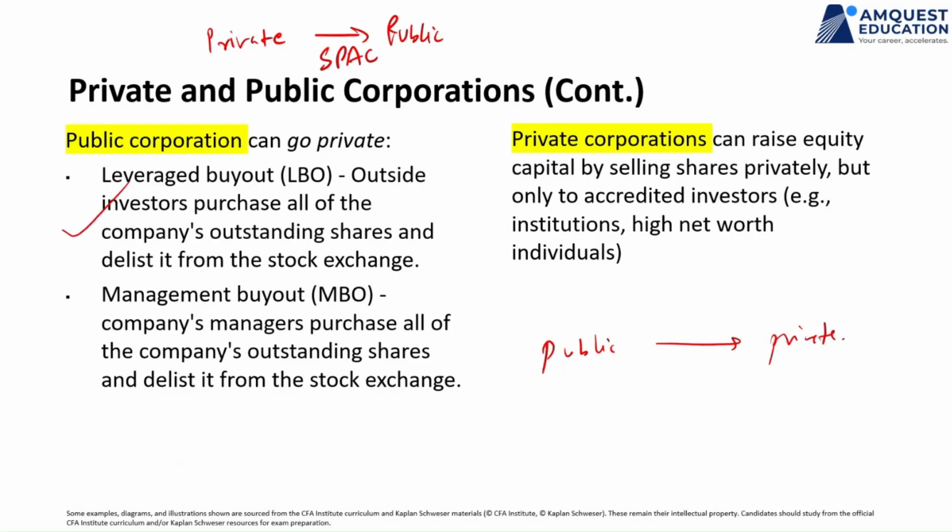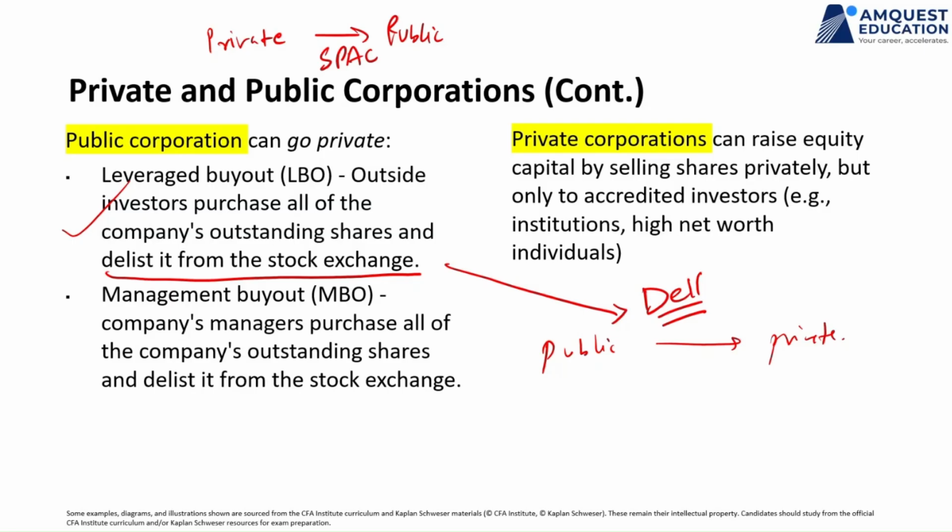An outside investor purchases all of the company's outstanding shares and subsequently delists it from the stock exchange. I think one very good example that comes to mind for LBO is Dell. Dell was a company which was listed in the equity markets in the US, and the laptop manufacturer was purchased by a private equity company and was taken from public to private. Now Dell is a privately held business.